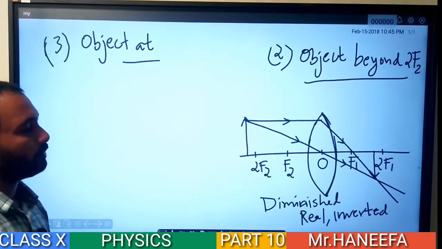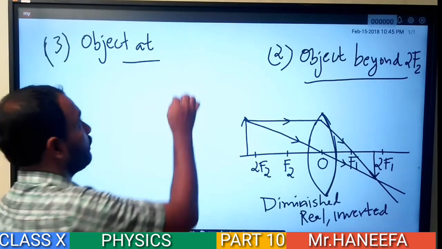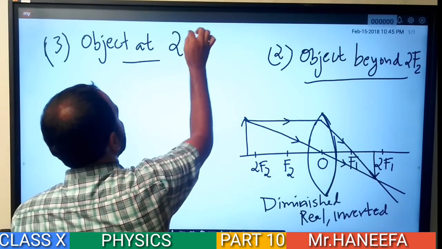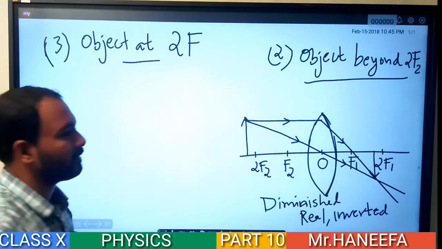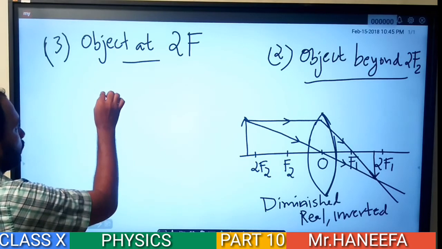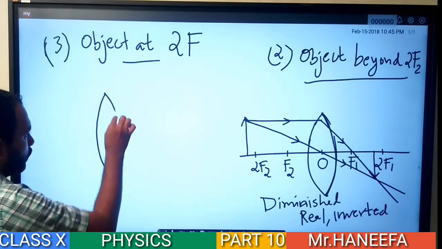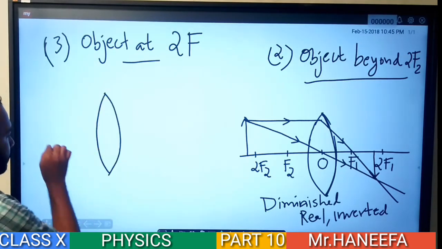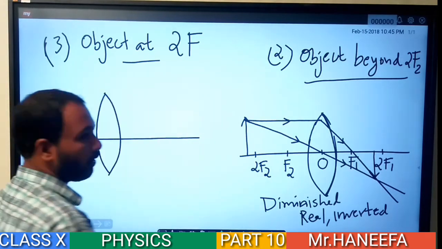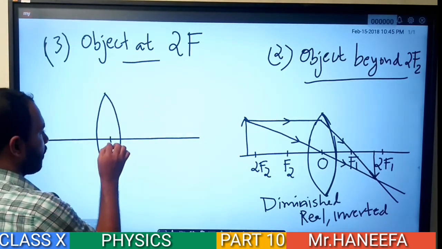Third case, object is placed at 2F. First we draw a convex lens. This line is called principal axis.